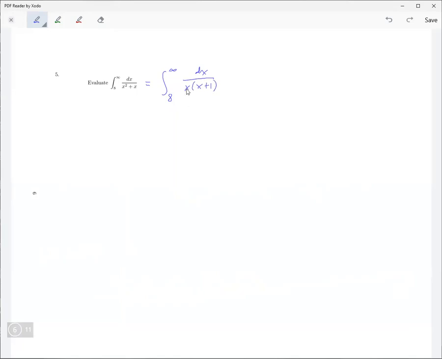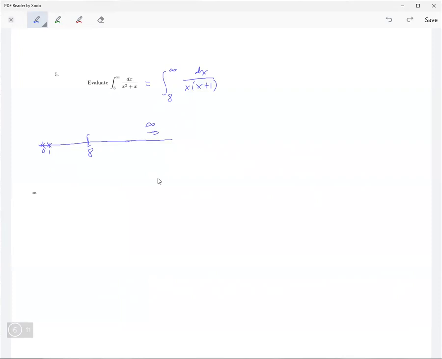If you factor that, x times, and so at 0 and at -1, it has problems, but that's not in this interval from 8 to infinity. Okay, so you're integrating from 8 to infinity, and 0 and -1 are over here. There are points where this function is not continuous, but they're not in the interval, so we're fine.